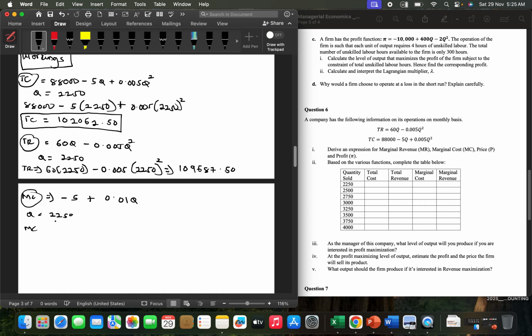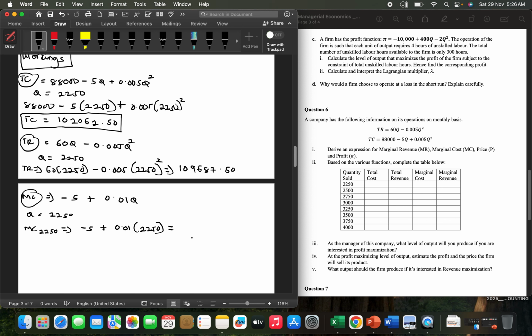So marginal cost at an output of 2250 is minus 5 plus 0.01 times 2250.